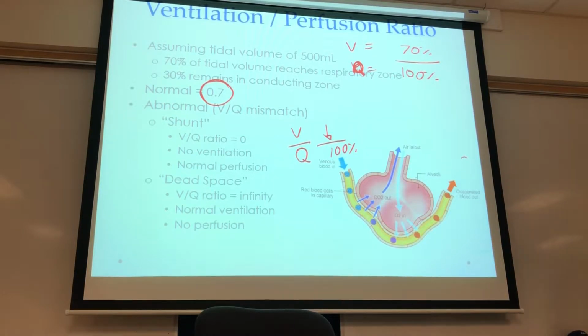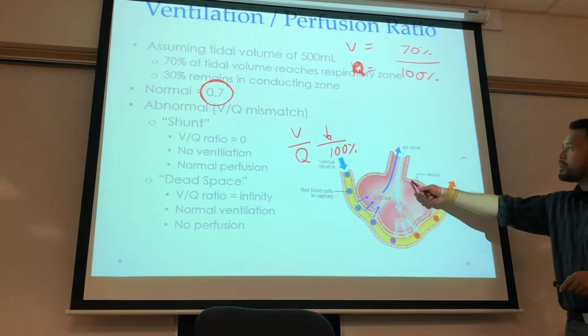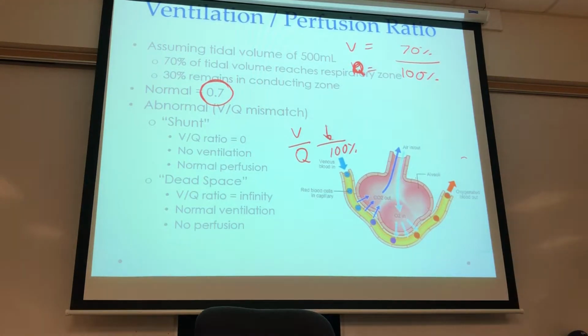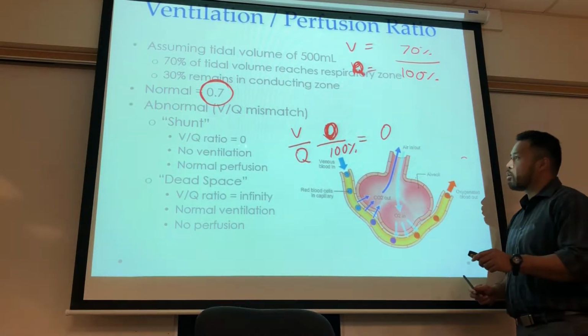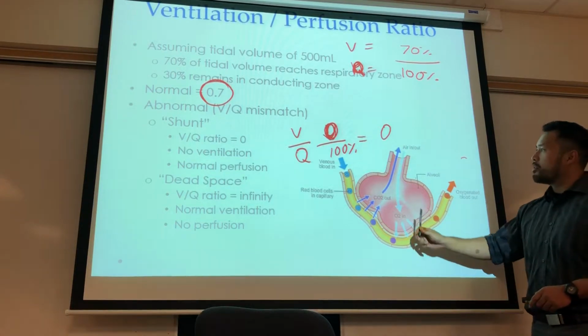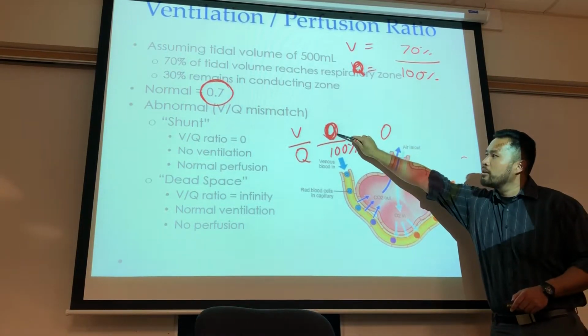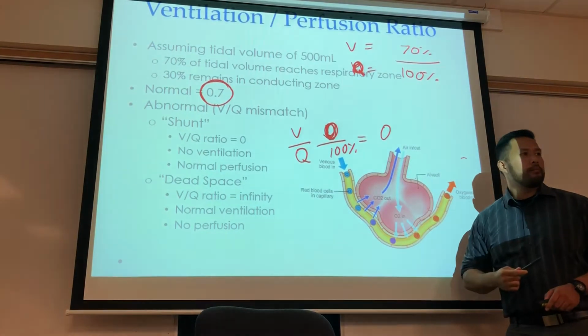So our VQ ratio at this point where we have zero ventilation comes out to 0 divided by 100, a ratio of 0. So when the VQ ratio moves towards 0, that's letting us know ventilation is down, but perfusion is normal.